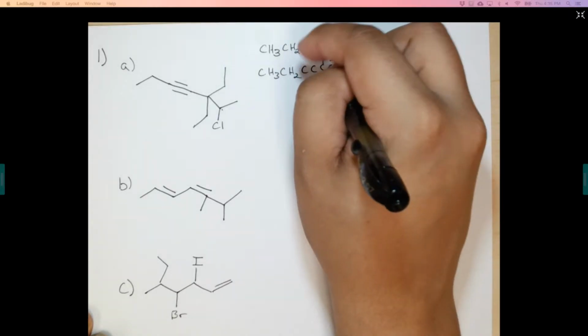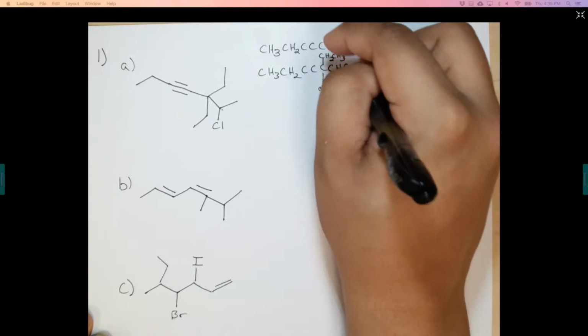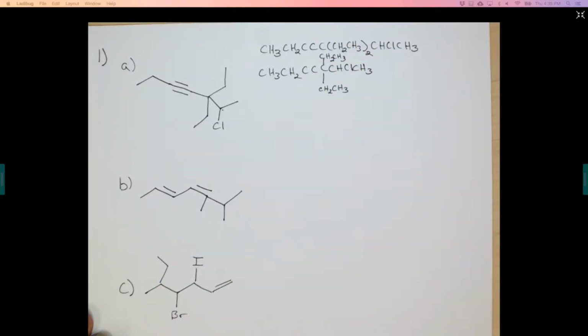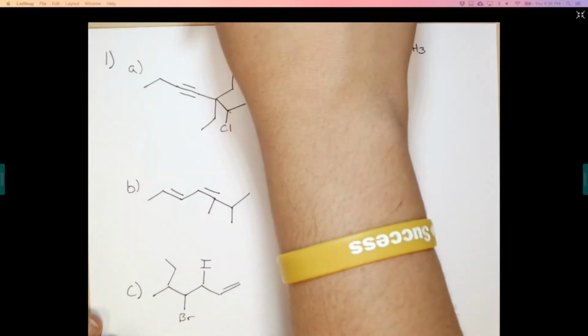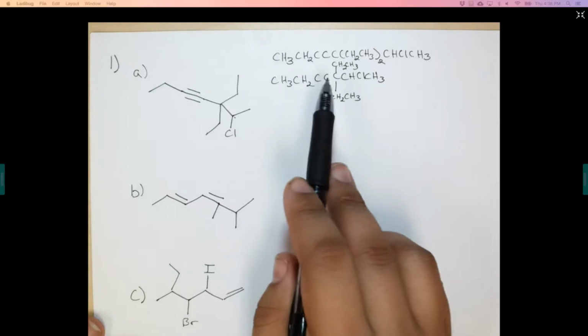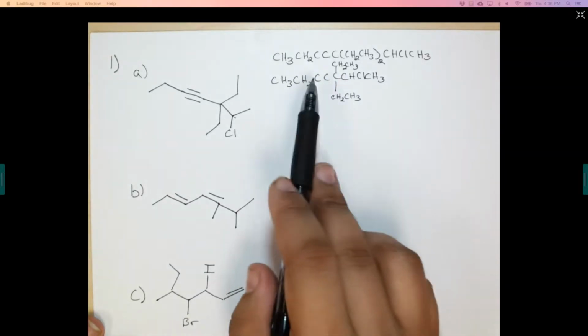And then you can go CHCl, CH3. You might also see it written that way. And I'm sorry, I got it a little small, but you should be able to see the two side chains, right?